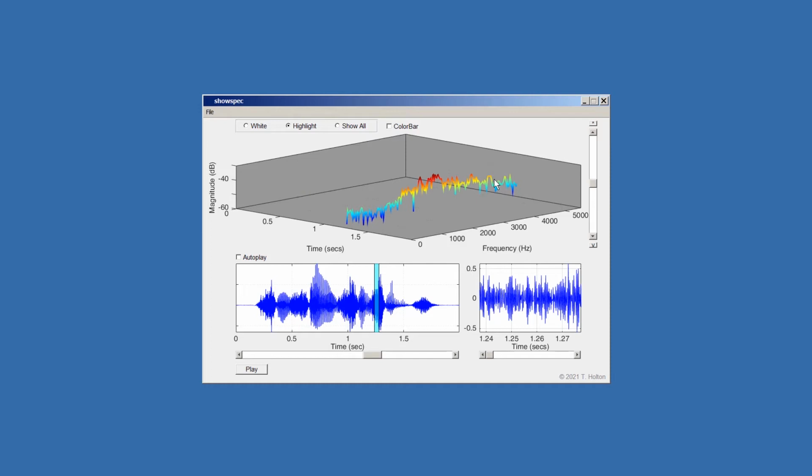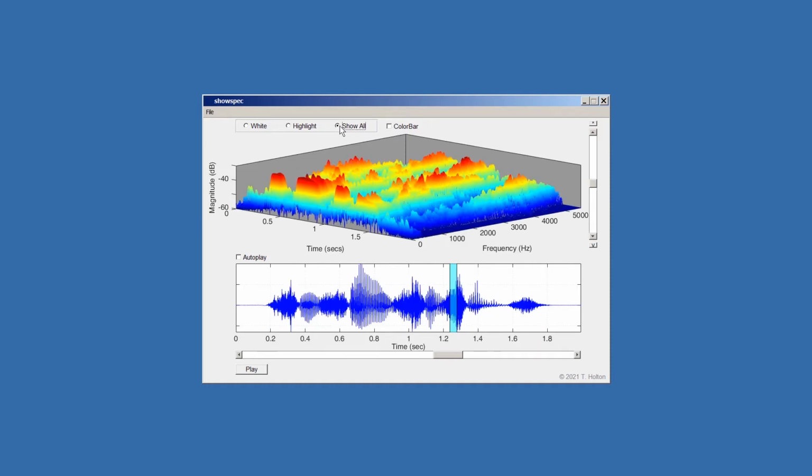Now we can put all the spectral slices together to form a solid 3D surface that represents the magnitude of the spectrum as a function of both time and frequency. Finally, recognize that we have a duplicate representation of magnitude, both as position on this axis and also in color, and we don't need both.